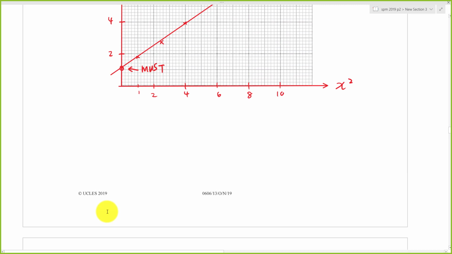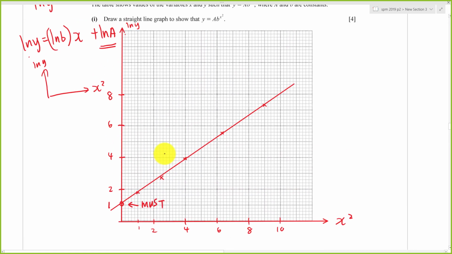Alright, so from here, the intersection should be 1, okay? Because the circle makes it look like 0.8, but it should be 1. So what I want to do here is write the 1 here to indicate I use the graph. So I will say ln A equals 1. A is just e to the power 1. If you get 0.8 in your graph, you just use the 0.8. Because my ln A is my c, right?